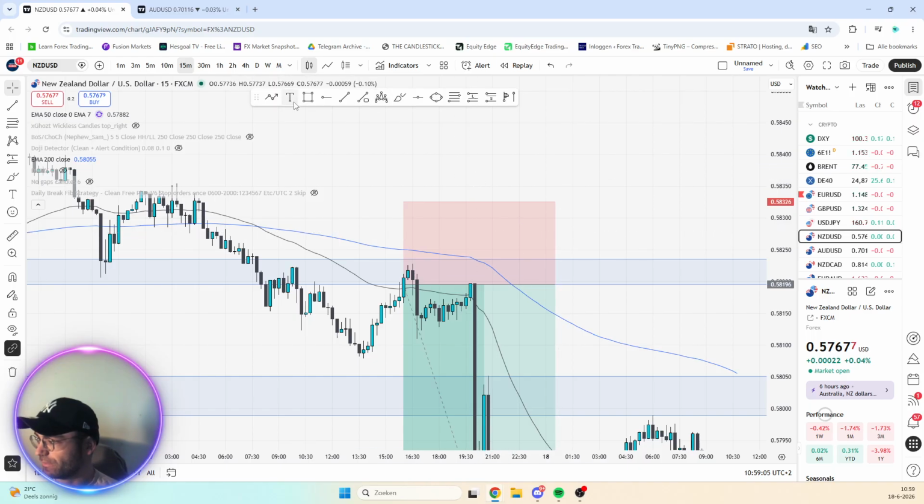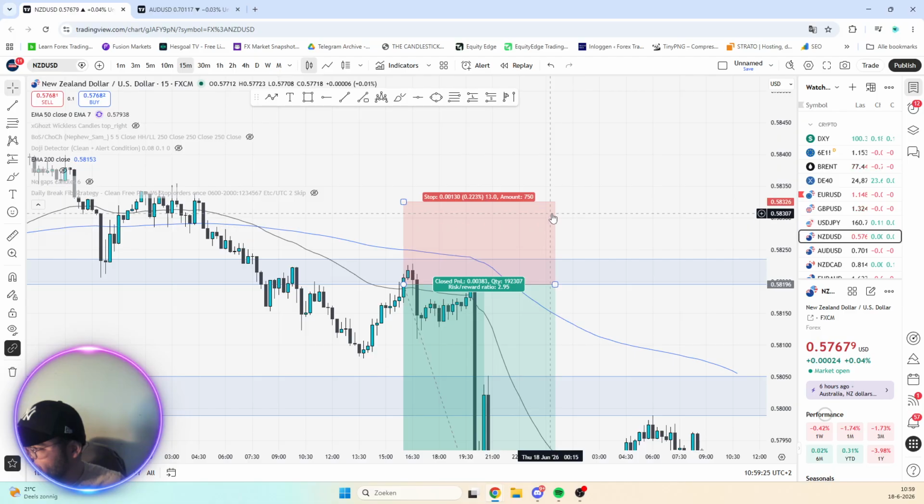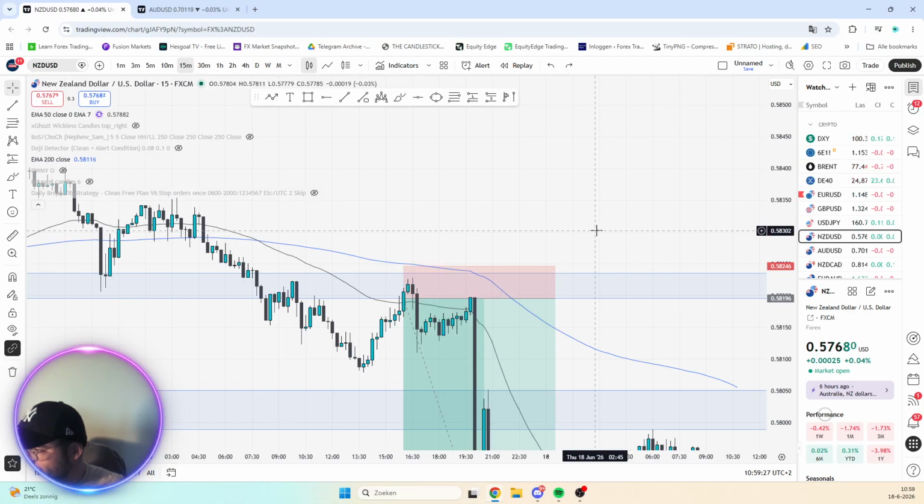There was of course a big news event, but I didn't figure this would happen, to be honest, spread wise. This is insane. 13 pips spread. It was literally 13 pips above the price and 8 or 7 pips above my stop loss.